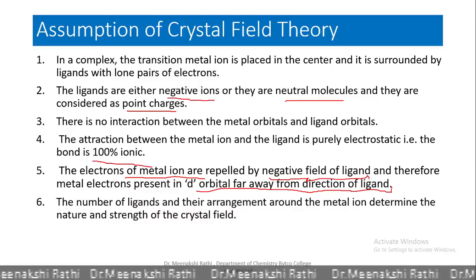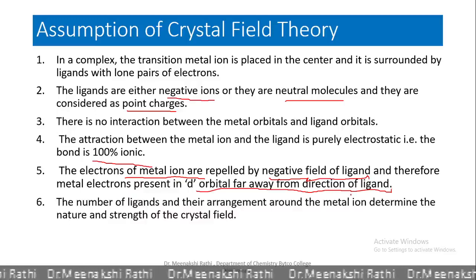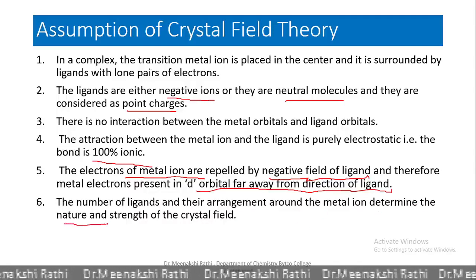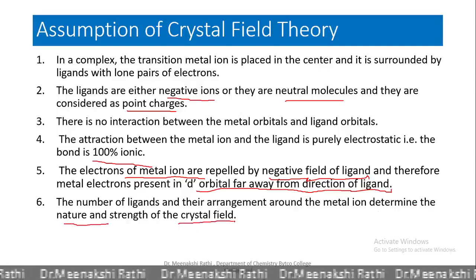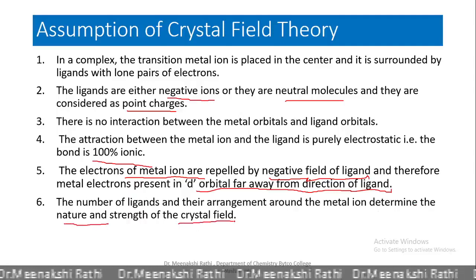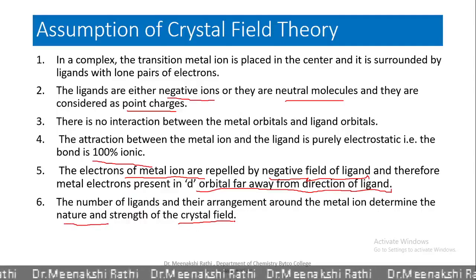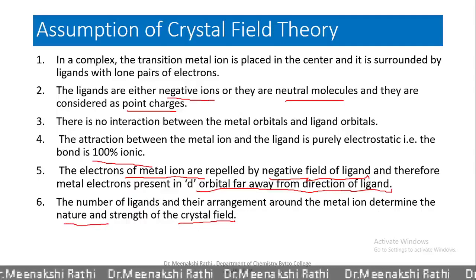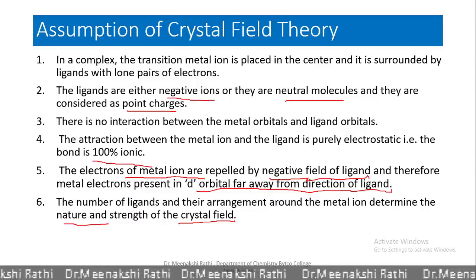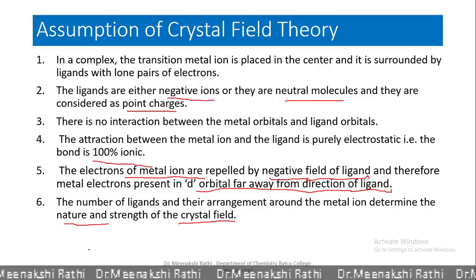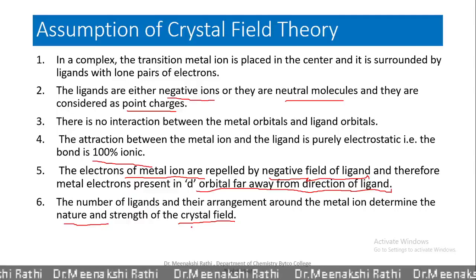The number of ligands and their arrangement around the metal ion determine the nature and strength of the crystal field. Whether ligands are 4 or 6, and whether they are in tetrahedral or octahedral fashion, that determines the nature and strength of the crystal field.